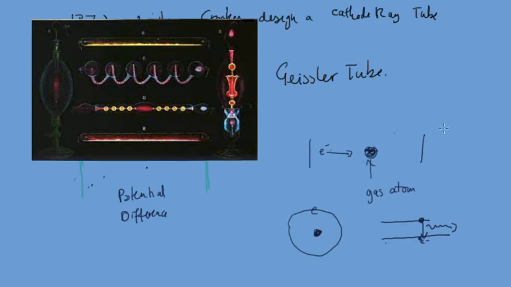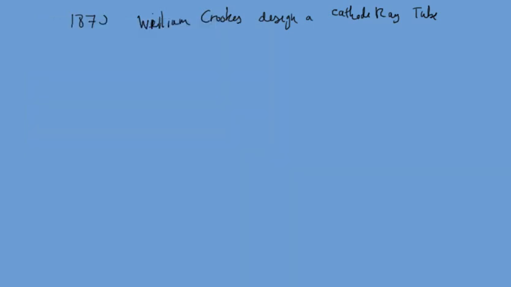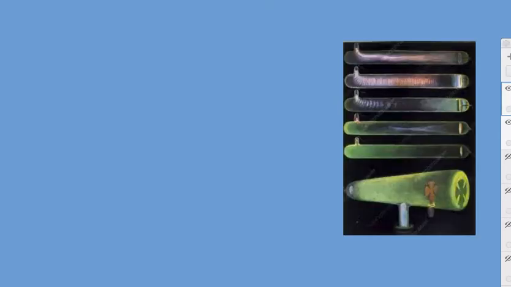What Crookes then did was he developed this idea further, and he came up with a more sophisticated model. Now I've got a picture of that one, I'll bring it up. So this is Crookes's more sophisticated version of the Geissler tubes, and it was called the Crookes tubes.